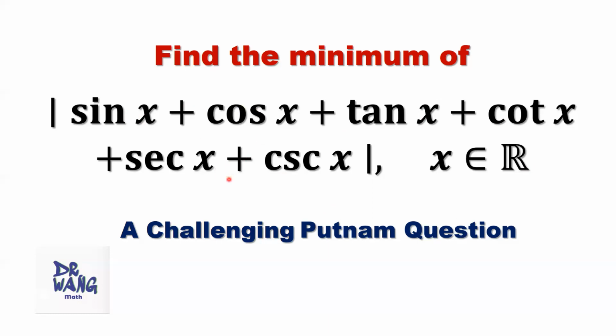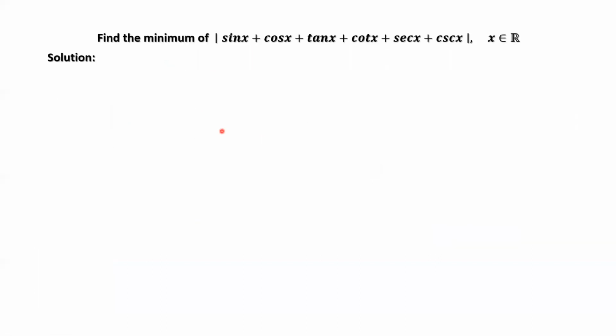The question is how to convert these 6 trig functions into one function, cosine. We define f as the inside part of the absolute value.